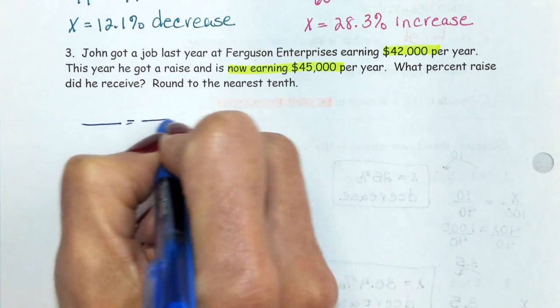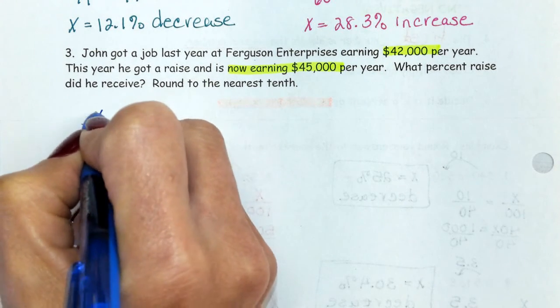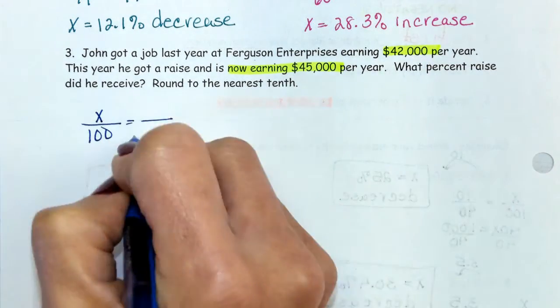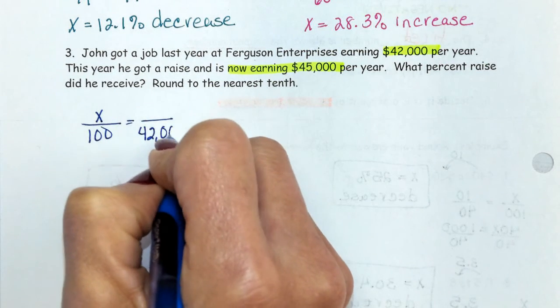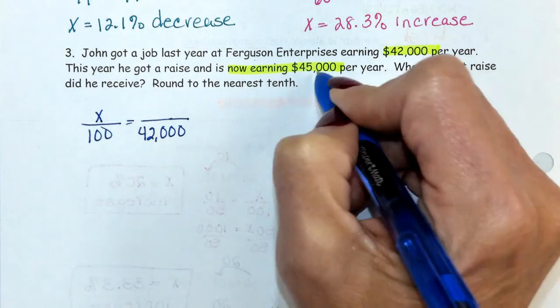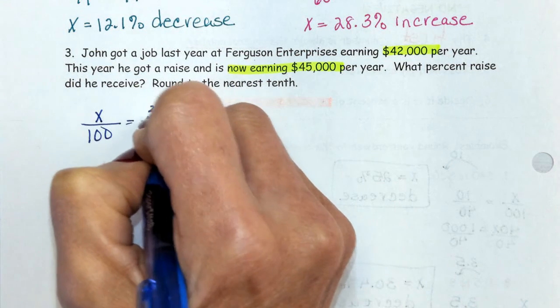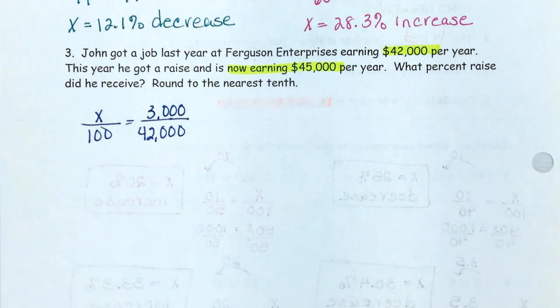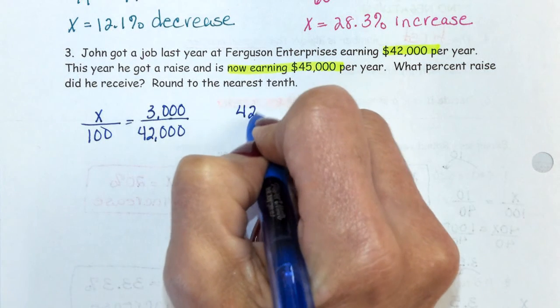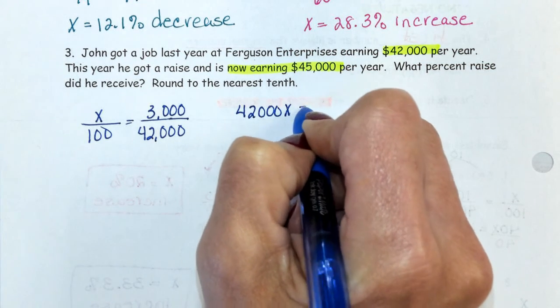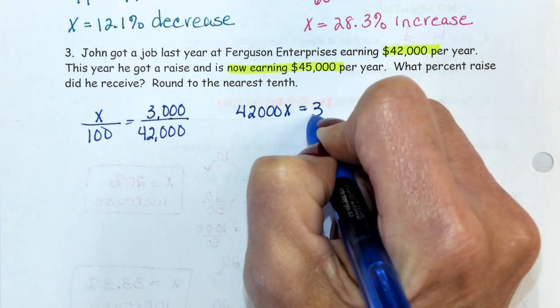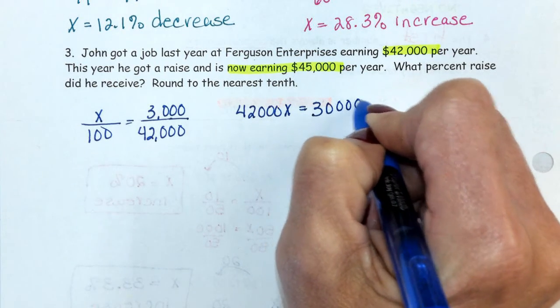So let's do our 100 and our X. Originally he earned $42,000 per year. He increased from 42 to 45,000, excuse me, by $3,000. Let's cross multiply. 42,000 X equals 3 followed by 5 zeros.